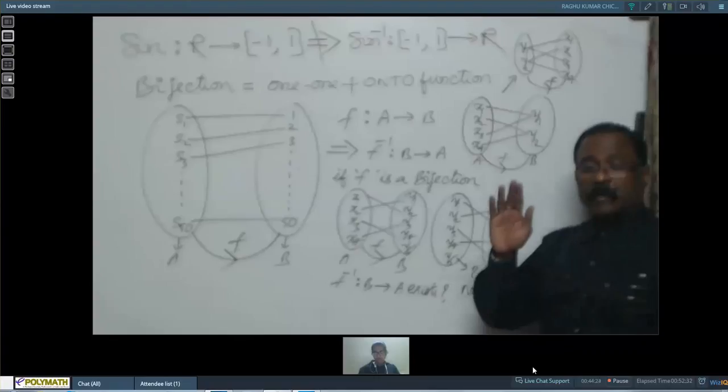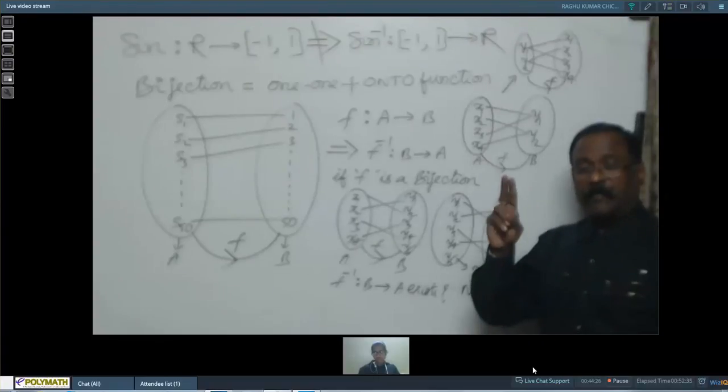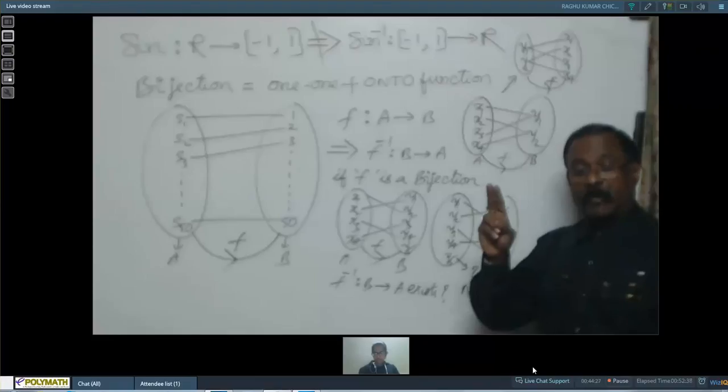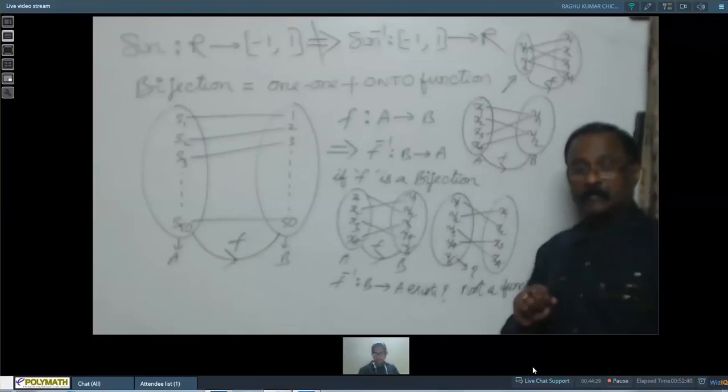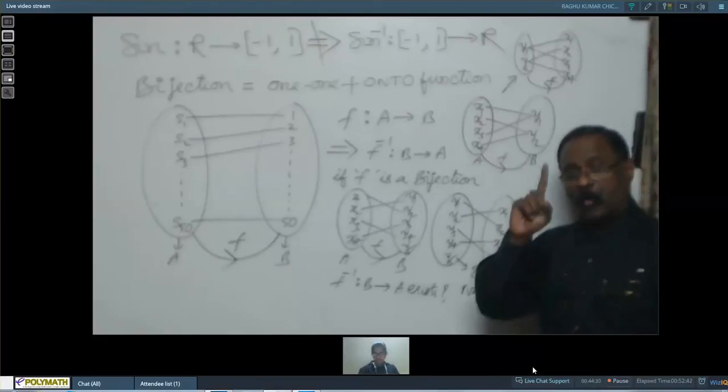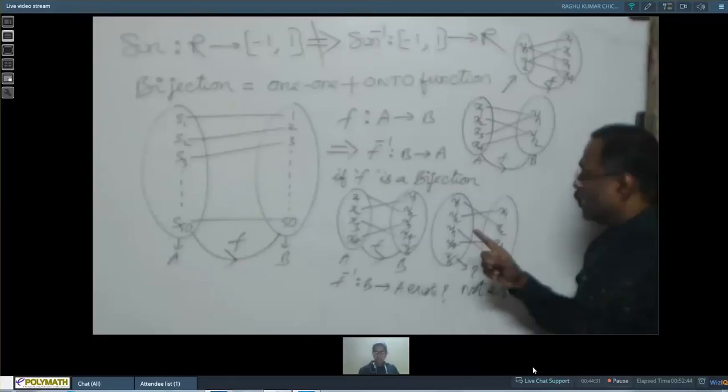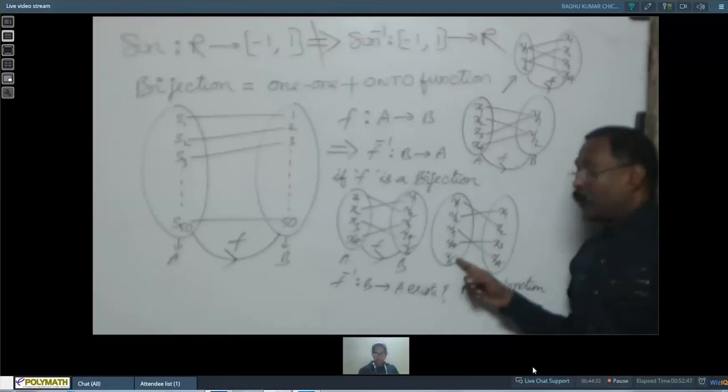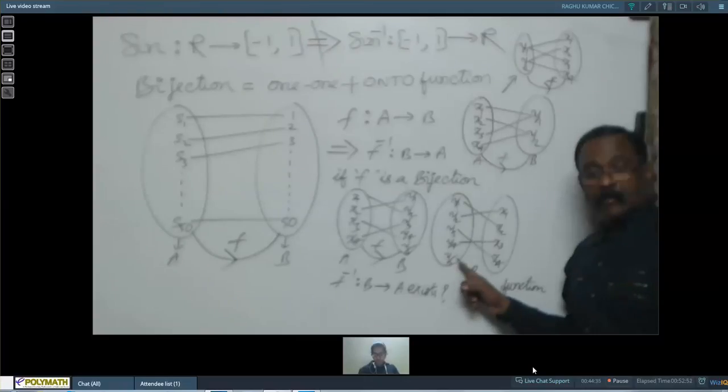Bhavya, remember one thing about a function. If you understand what is not a function, you will better understand what will be a function. What is not a function, you know? If any element of the domain has no image, then it is not a function. Point number one.